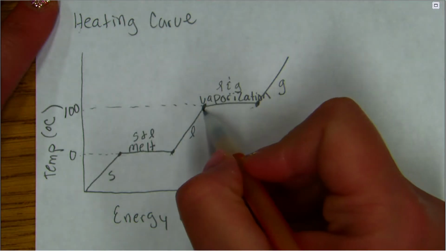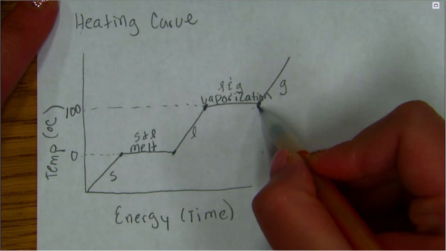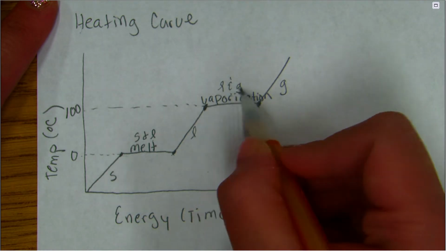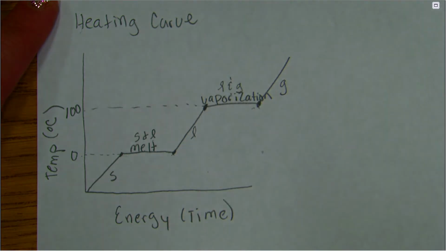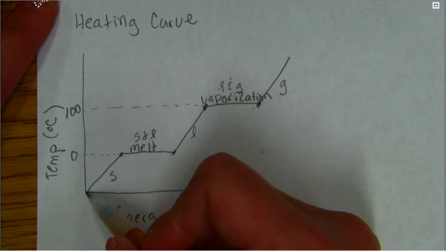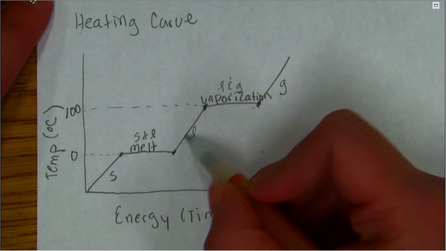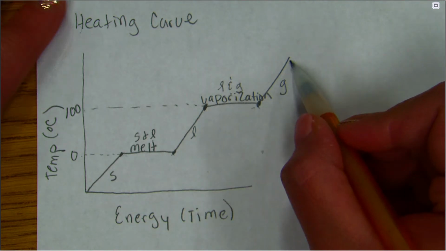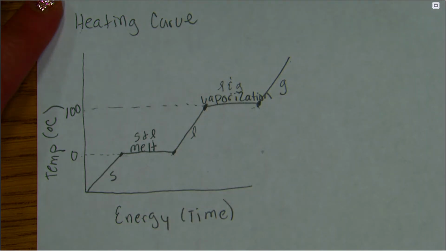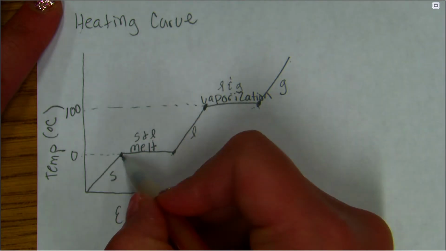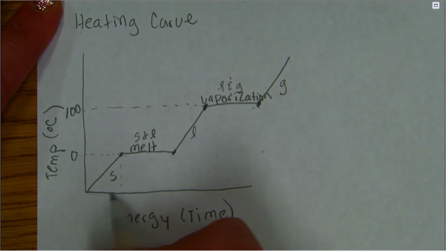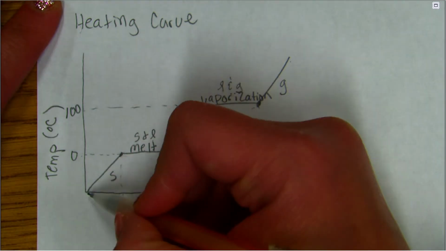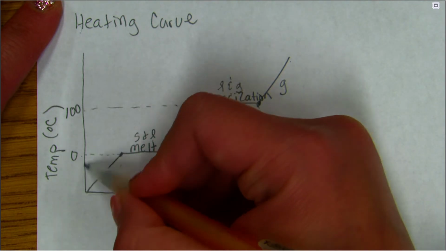So we start all liquid, we end all gas, but at some point we have both liquid and gas. And so if we look here at our solid and our liquid and our gas, a couple of things are changing. The amount of energy being provided is changing, and so is the temperature.